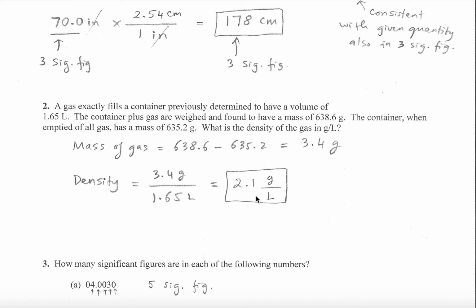Now if you do the math, you take 3.4 and divide it by 1.65, you should get 2.06. Okay, 2.06 on a calculator, and we cannot keep it as 2.06. That would make it three significant figures. So you need to round it off to 2.1 because the next digit is a 6, so the 0 becomes 1. Okay.